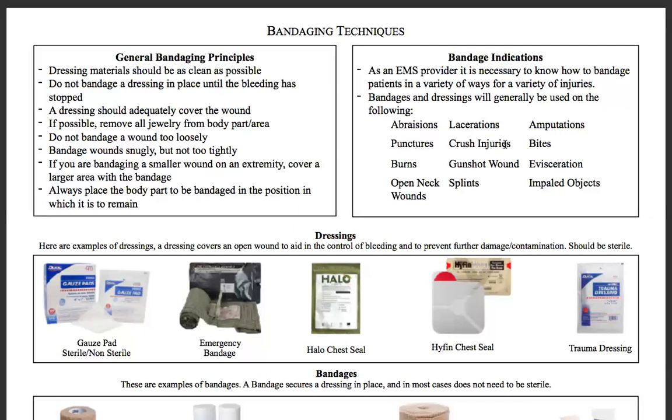Punctures, crush injuries, bites, not so much bug bites, think dog bites, burns, gunshot wounds, eviscerations, open neck wounds, splints, and impaled objects. Those are all situations where you will most likely be using bandages and dressings in some fashion or another.